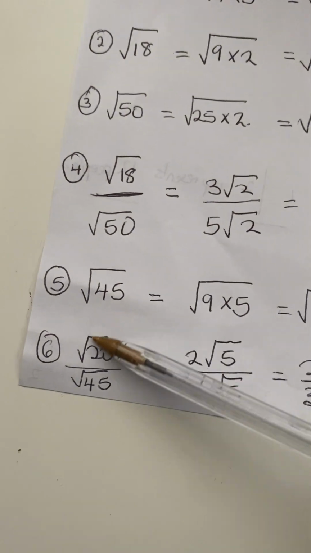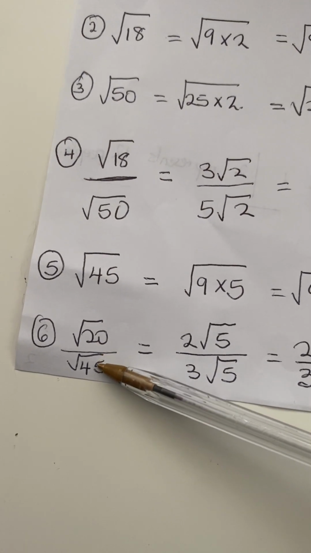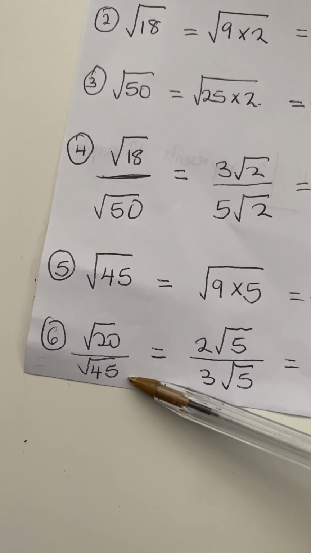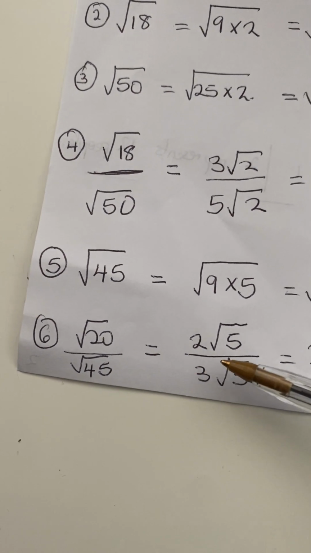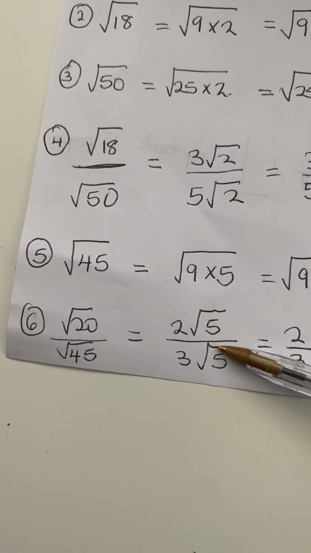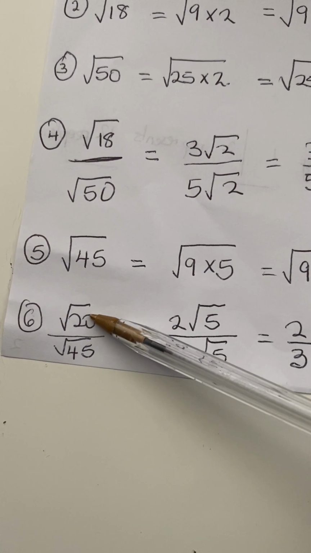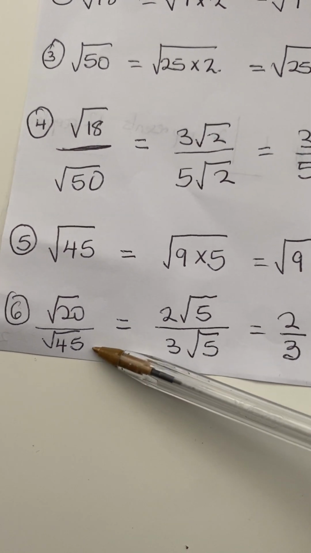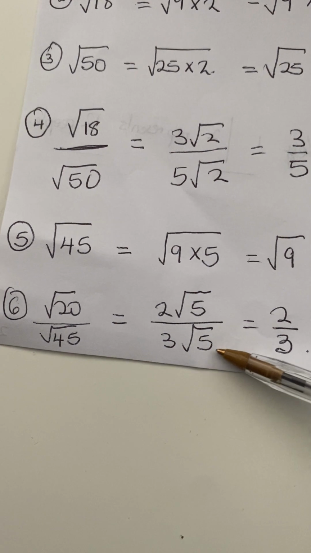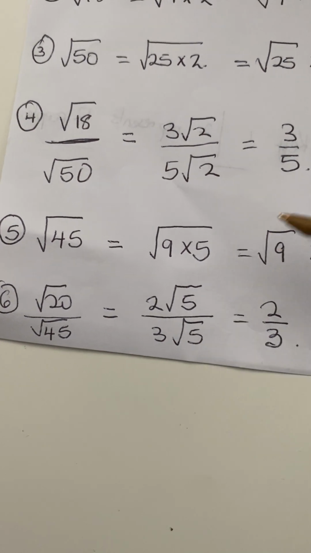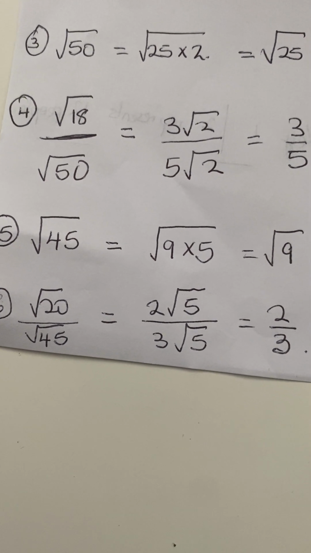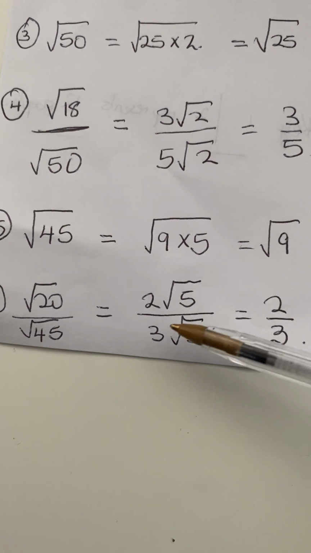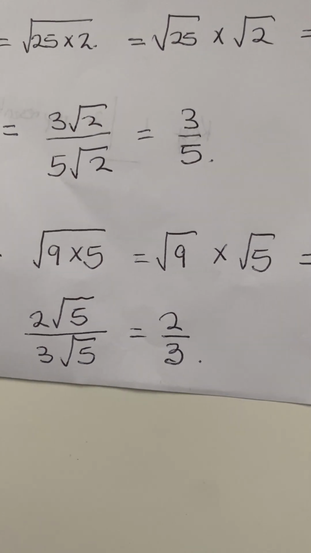Assuming you've been given root 20 over root 45, and it's a non-calculator paper, you know root 20 is 2 root 5 and root 45 is 3 root 5. If you don't know, you can work it out. Now the square roots can cancel out, so you have 2 over 3.